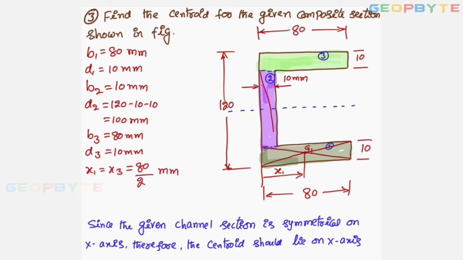Then join the diagonals for section 2. Wherever the diagonals are meeting, this is the X2. Let me mark it clearly.